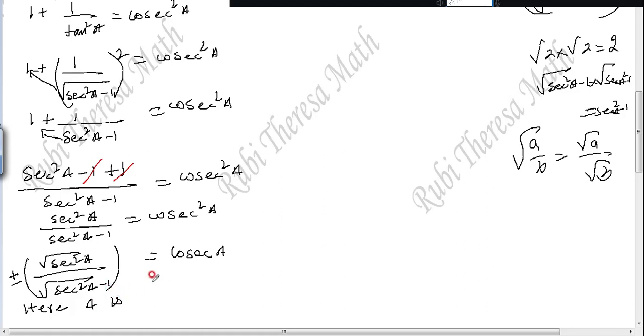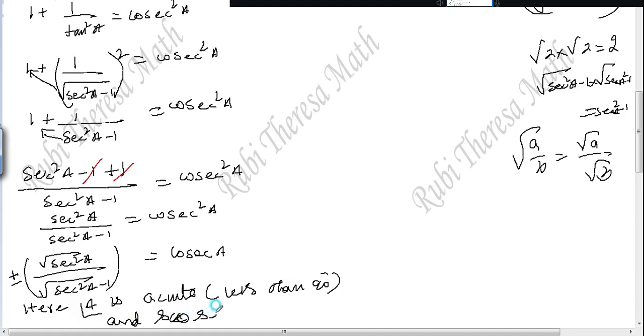That is less than 90 degree. Angle A is acute. And cosecant A is positive. Cosecant A is positive when A is acute, isn't it?